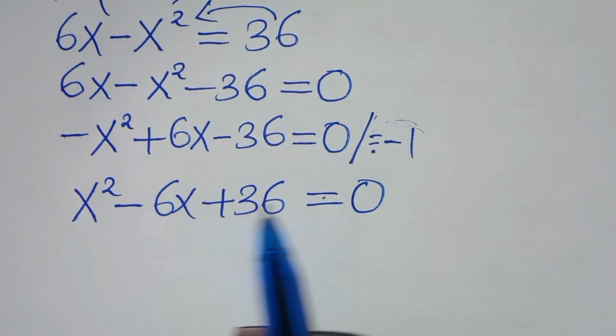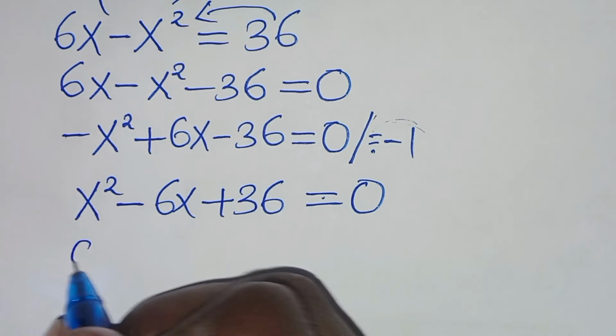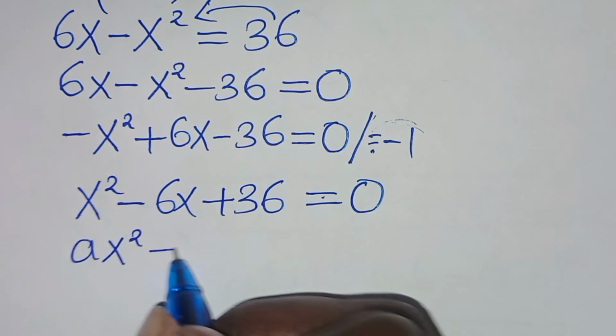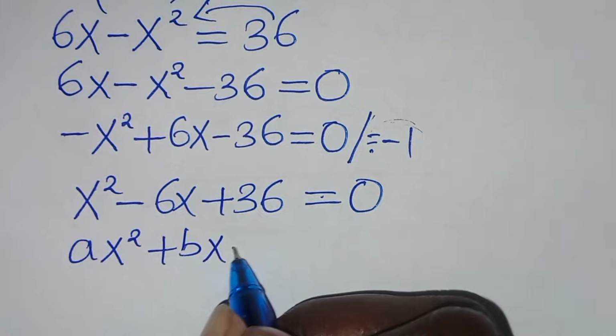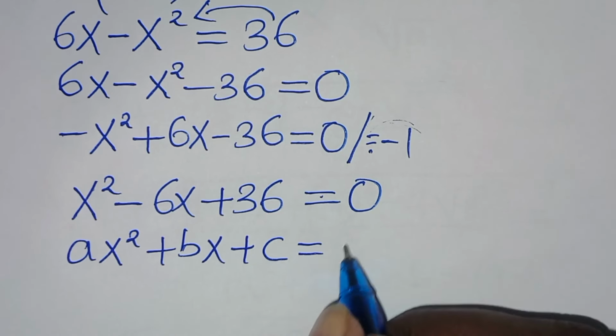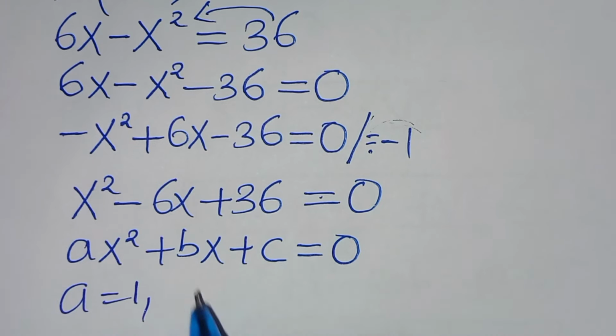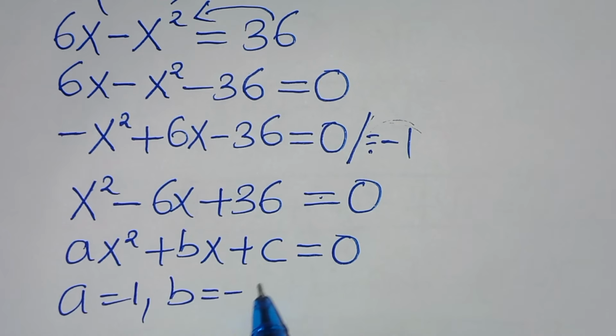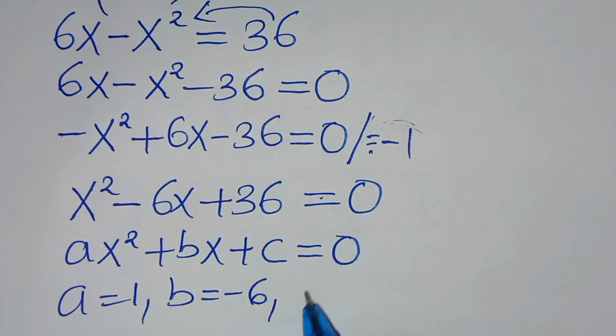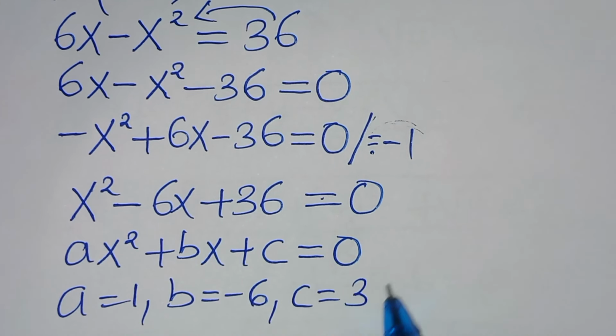Now, this is a quadratic equation of the form ax squared plus bx plus c equal to 0. From this quadratic equation, a is equal to 1, b is equal to minus 6, and c is equal to 36.